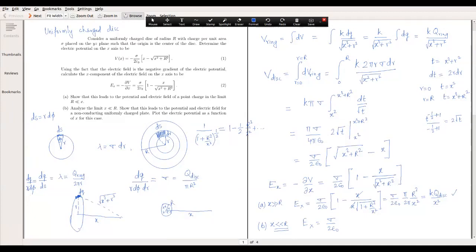The electric field is a constant, and it's decided simply by the charge per unit area on the plate. With this, let me stop the recording.